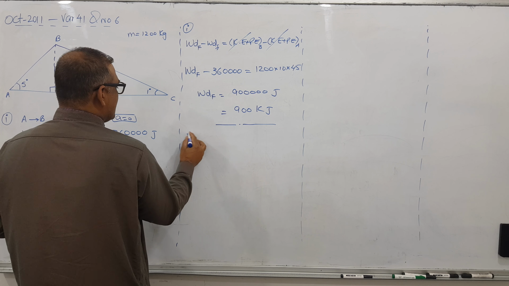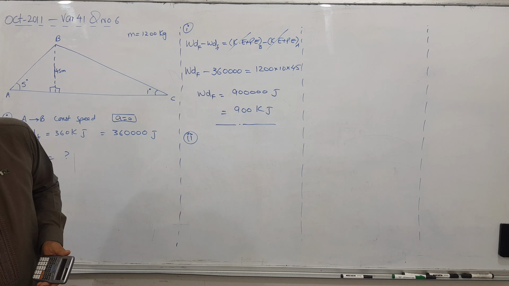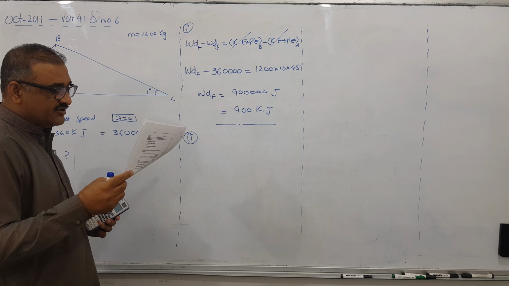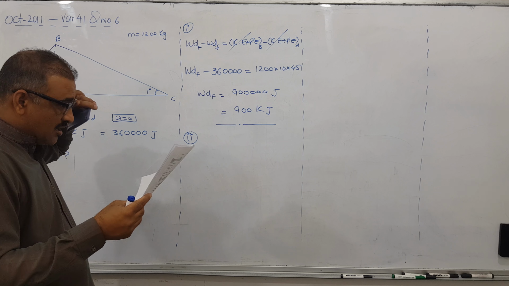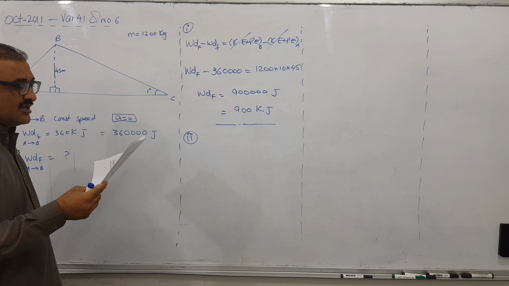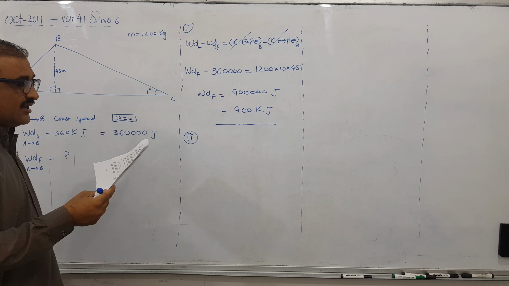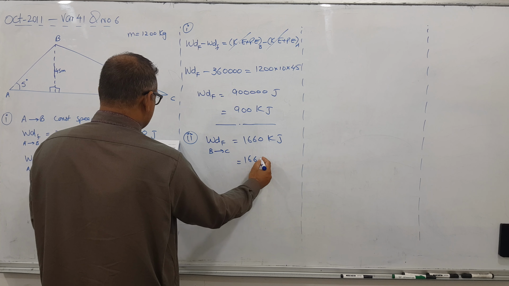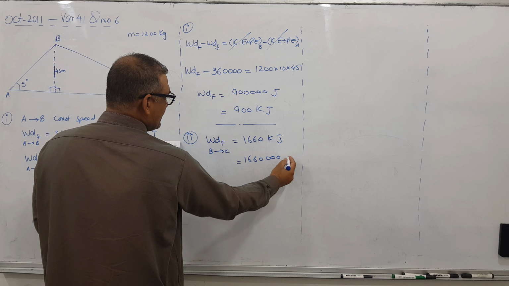The first part is over: find work done by engine from A to B. Done. Now part 2: the resistance to motion is constant throughout the whole journey. And what part 2 says is that work done by driving force from B to C is given as 1660 kilojoules, that is 1660 and 3 more zeros, joules.